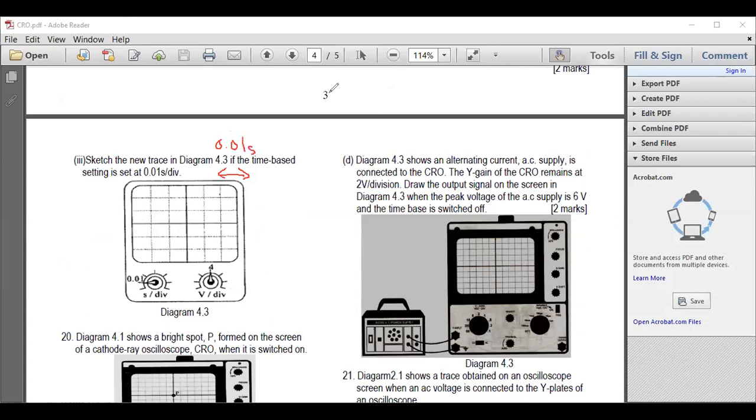Okay, the thing is, when we calculated earlier, we knew the period is 0.06. This doesn't change, it is still 0.06. So now if one box represents 0.01 second, to get 0.06 you have to use 6 boxes.